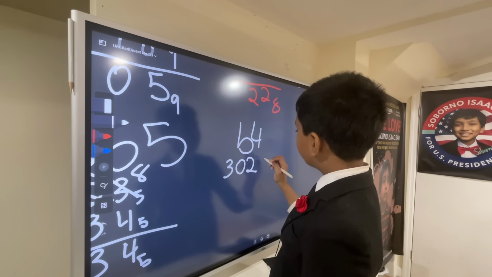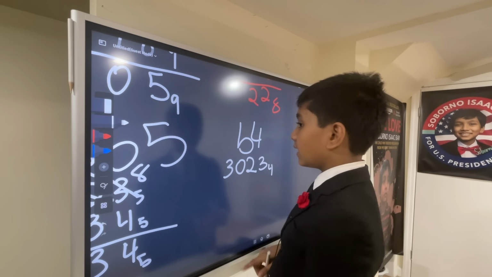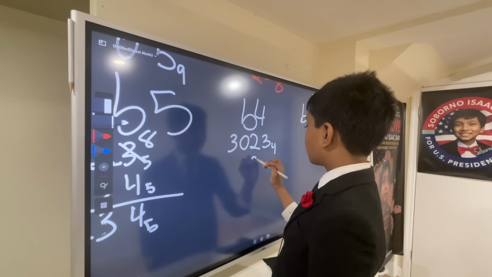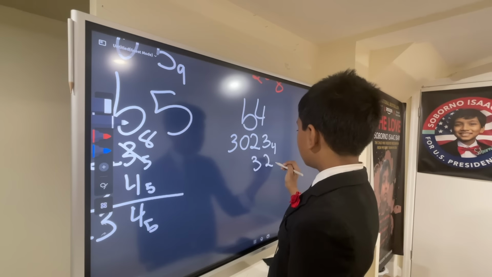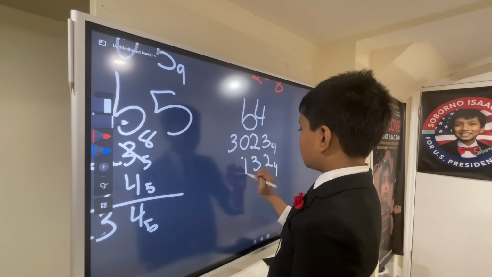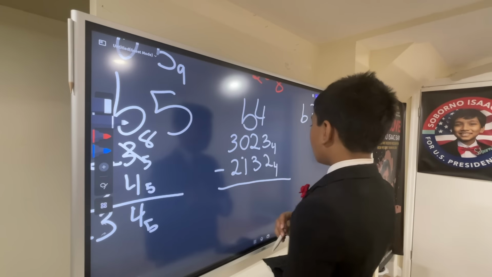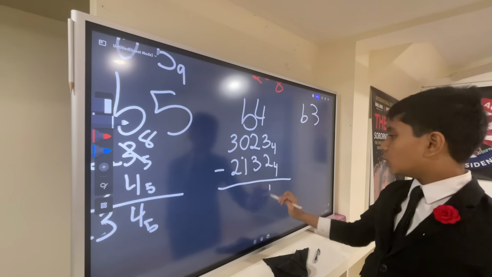Alright. So now, let's do base 4. 302 base 4. And then, let's put 3, 2, 1, 2. 2312 base 4. Okay. 3 minus 2 is 1.